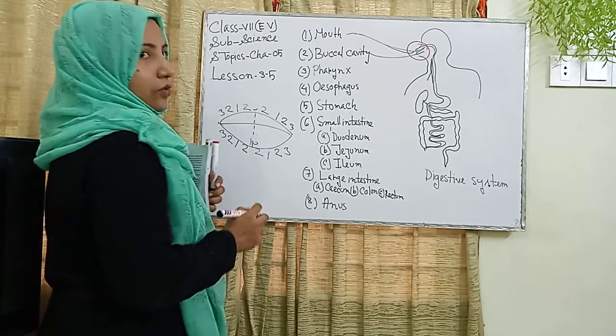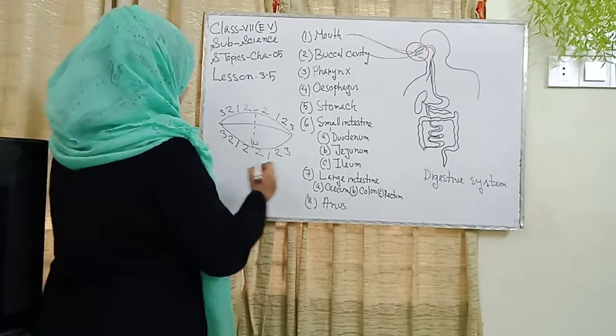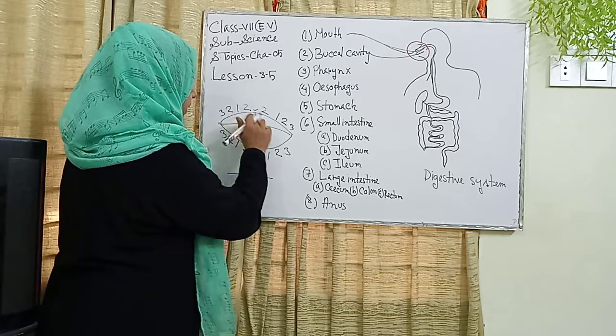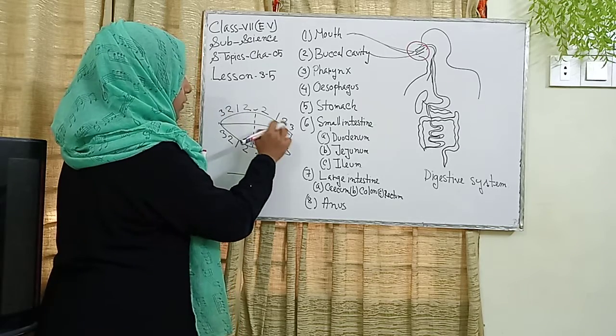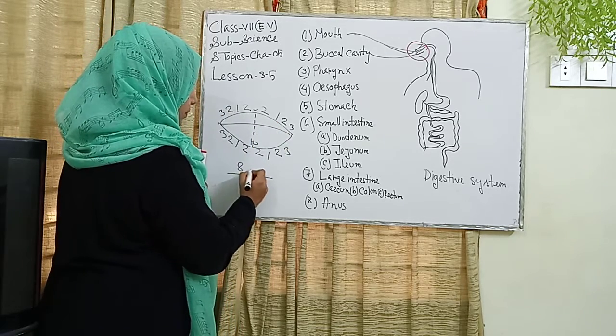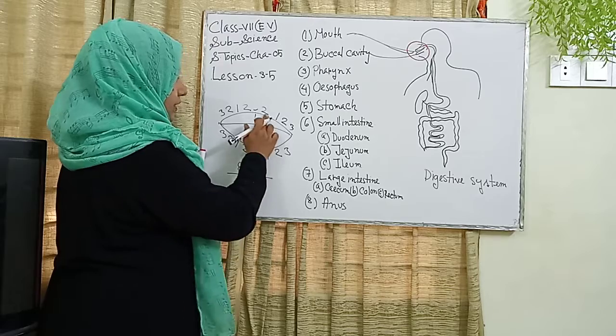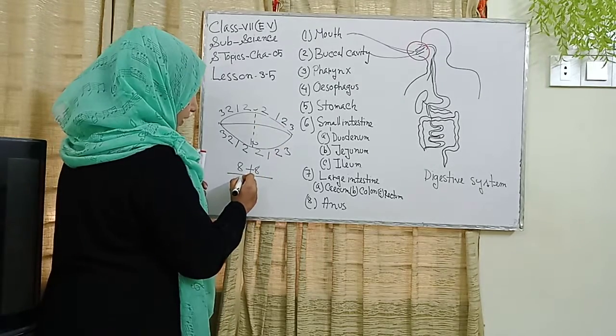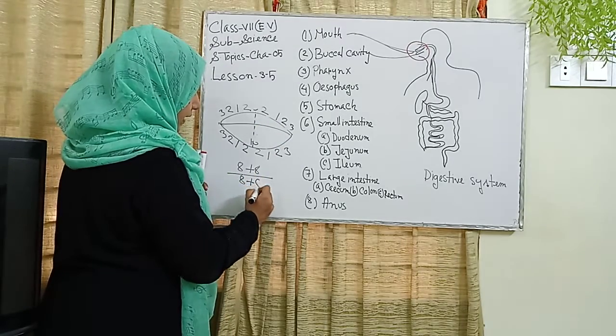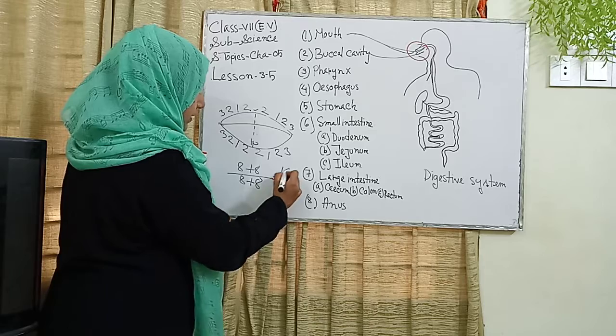Please everyone count. In the upper jaw 8 plus 8 makes 16, and in the lower jaw also 16.